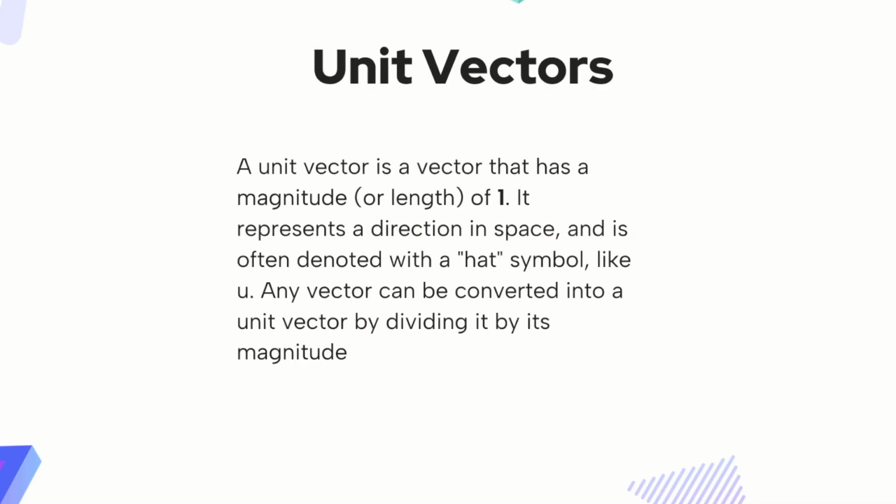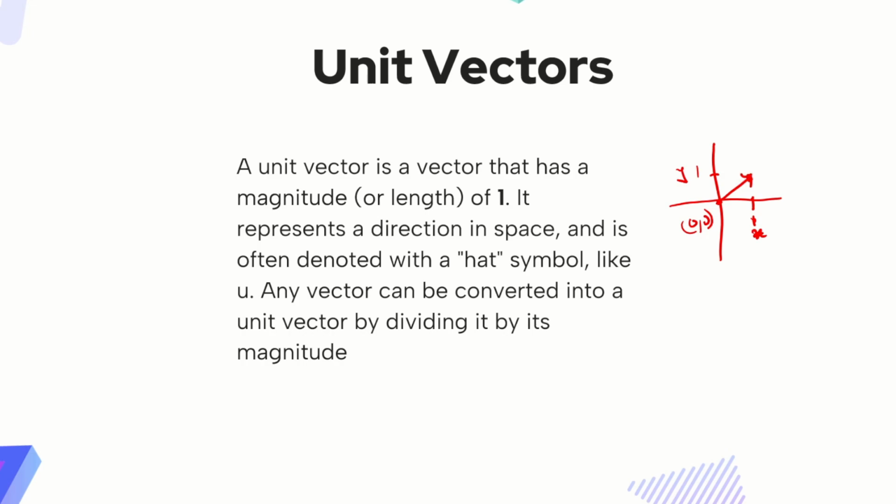And then we also have another type of vector, which is called a unit vector. When we consider a Cartesian plane, if you have a vector that moves from the origin (0, 0) towards 1 on the x and 1 on the y, this is a unit vector.